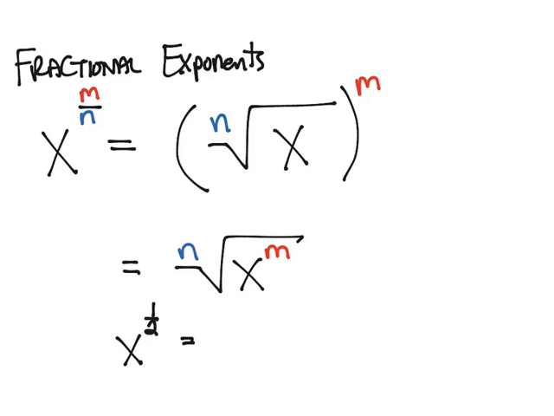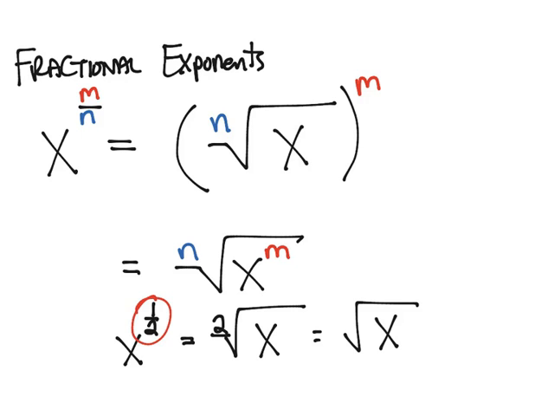I'm sorry, x to the 1/2 is the same thing as the second root of x, or the square root of x. So just remember that anything raised to the 1/2 is the same thing as having the square root of that value.